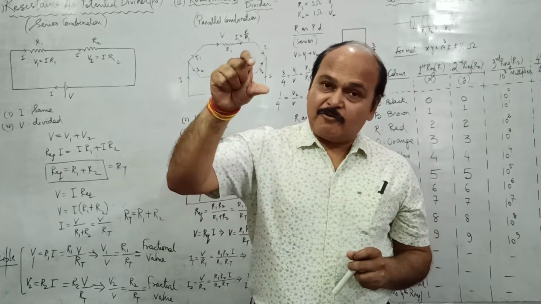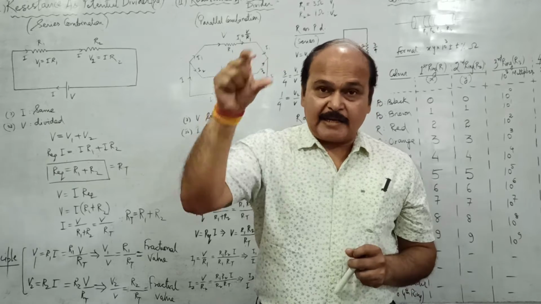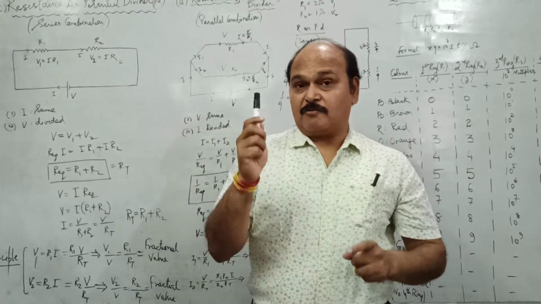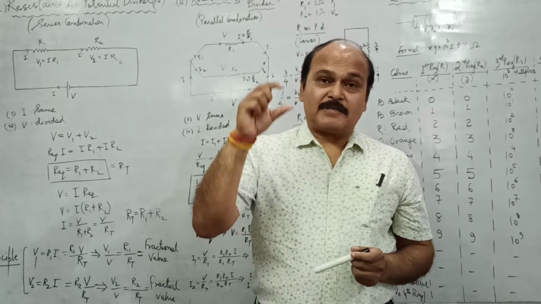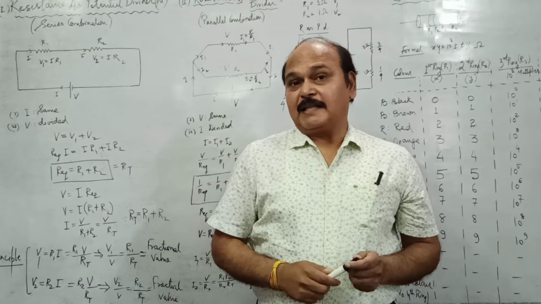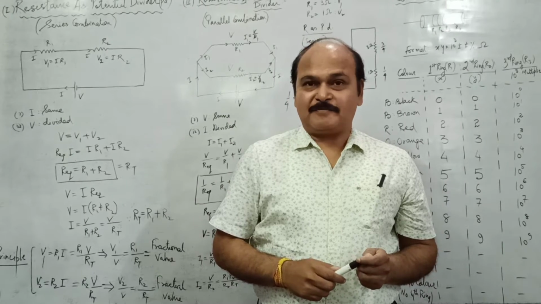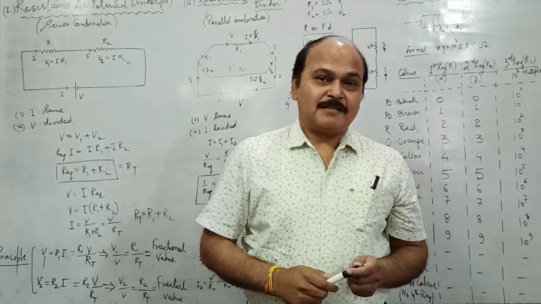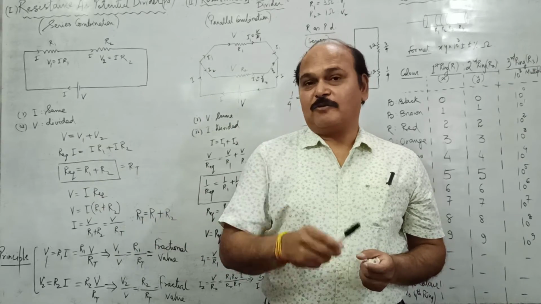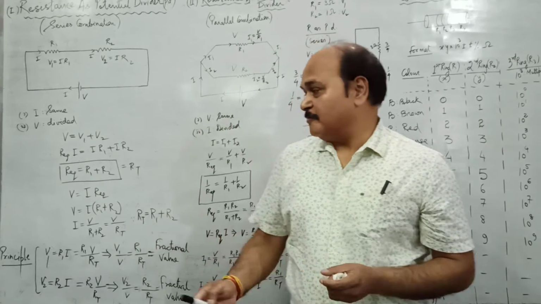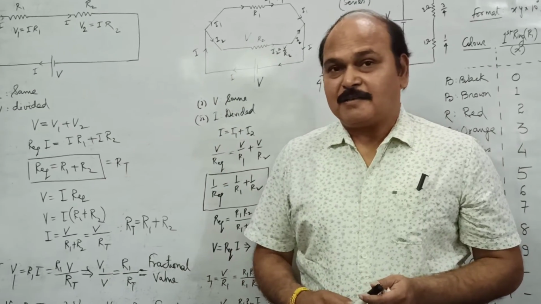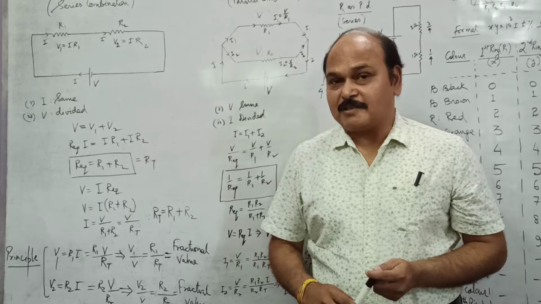If we take any 10 ohm resistance, whose fractional value would be what? 10 upon 100, 1/10. So across any 10 ohm resistance the voltage would be 1/10 of the total voltage. If the total voltage is 30 volt, then the voltage across 10 ohm would be what? 3 volt. So I hope the principle is clear. The fractional value of resistance is same as the fractional value of voltage across it.